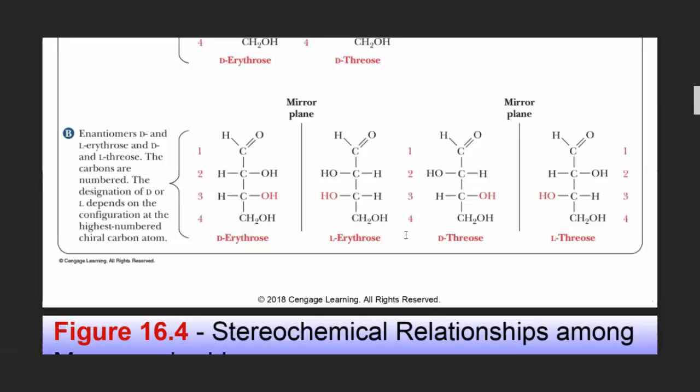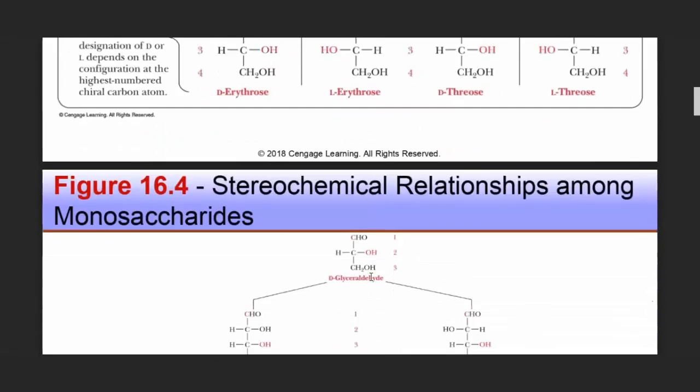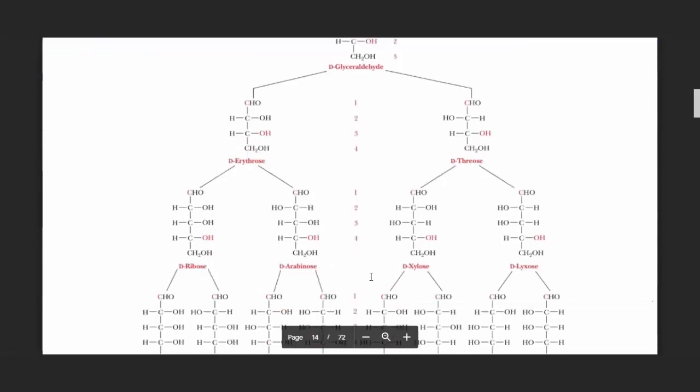If you have an aldopentose with 3 chiral carbons, which means we have 2 to the power 3, which means 8 possible stereoisomers, 4 D forms and 4 L forms, and likewise for hexoses, etc. For example, D sugars rather than L sugars predominate in nature. Then for sugars, the D form predominates.